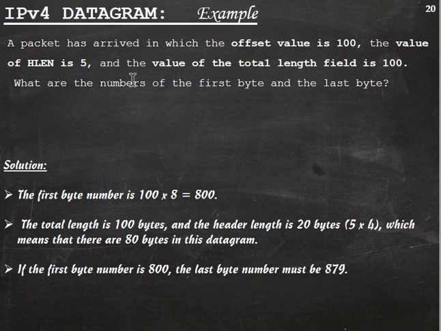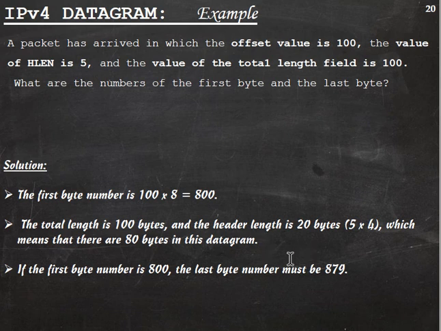Now we'll calculate the last byte. Given that the total length is 100 bytes and the header length field is given as 5, since we know that the HLEN field is in units of 4, we multiply it by 4. So the header length is 20 bytes, which means there are 80 bytes in the datagram.